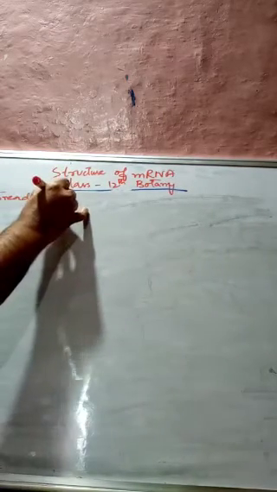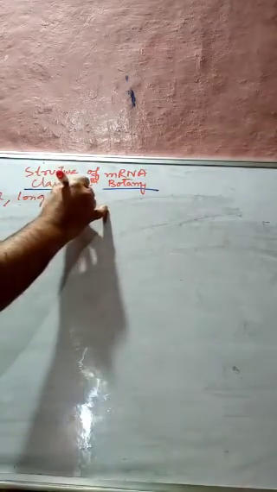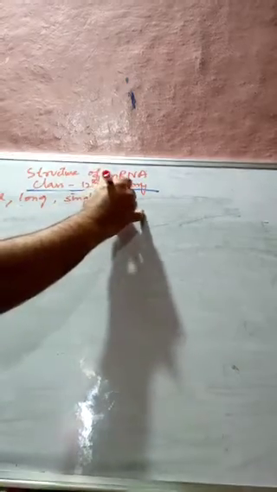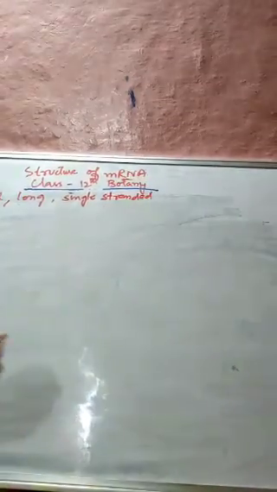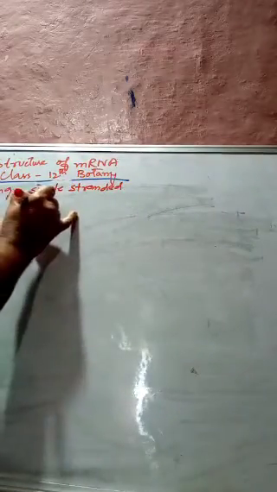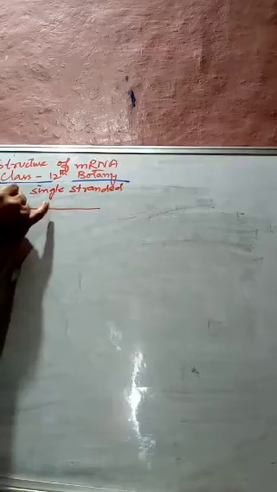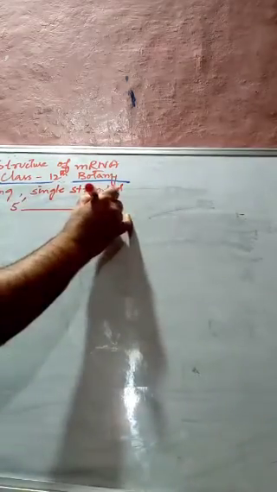Now, if we see the structure of this mRNA, it is thread-like, somewhat long, and single-stranded. One end is 5 prime and the other end is 3 prime, and the direction is 5 prime to 3 prime. I will draw the structure in different colors so that it becomes somewhat clear.